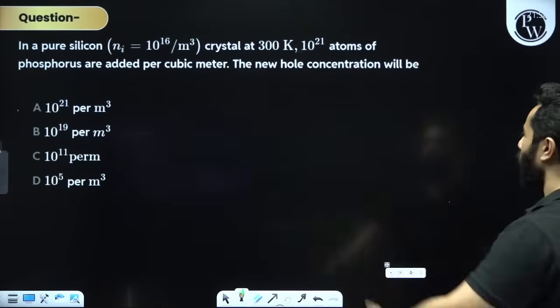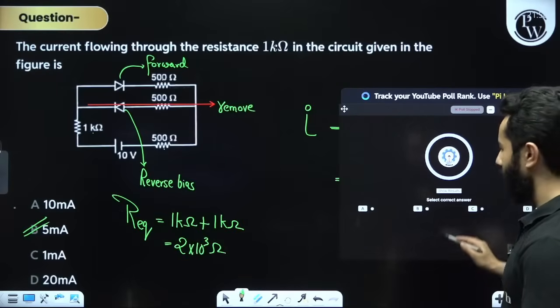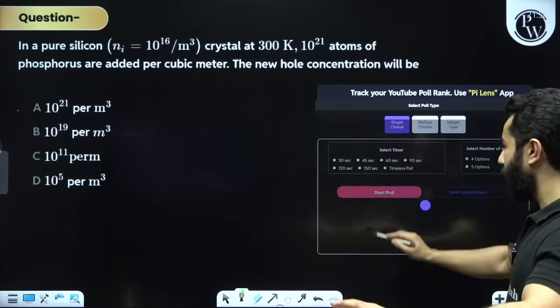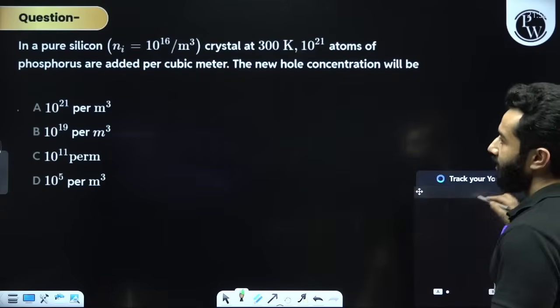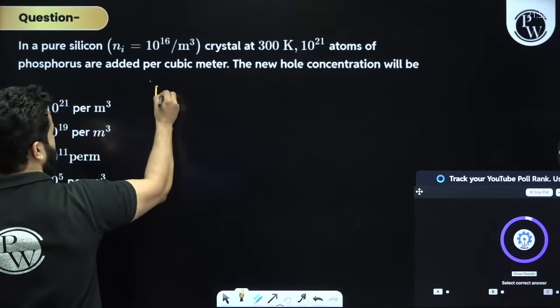The new hole concentration will become, sorry, the correct answer for the last one was B. Very good. I have read it for you, starting the timer. You have to use mass action law in this one, very, very important.